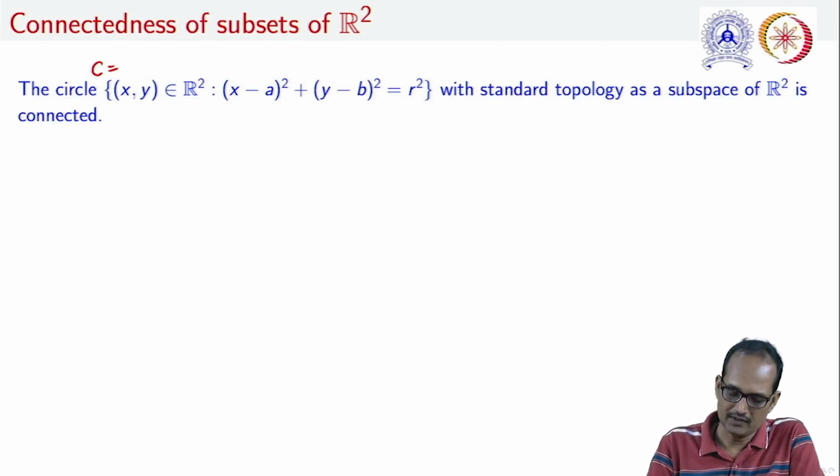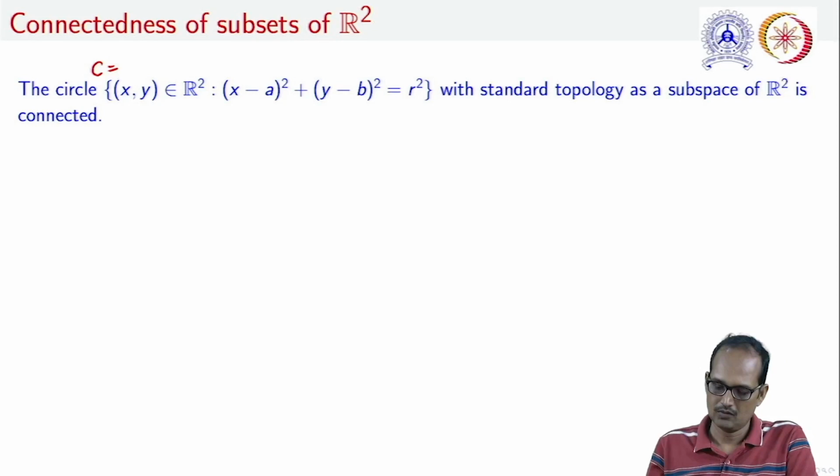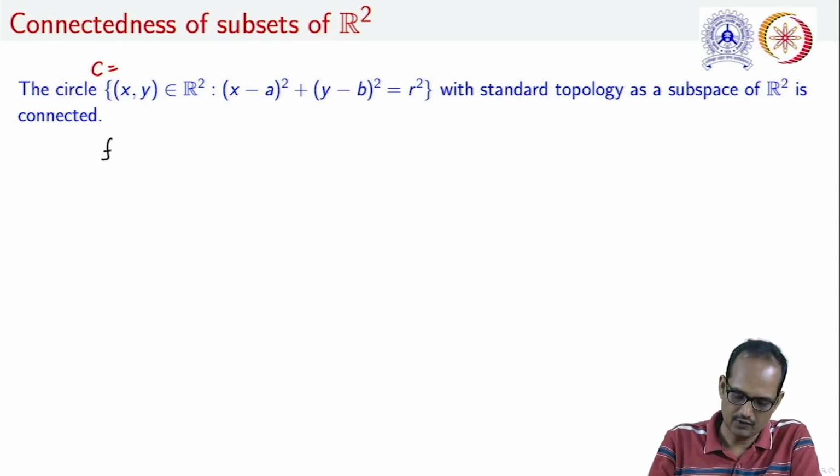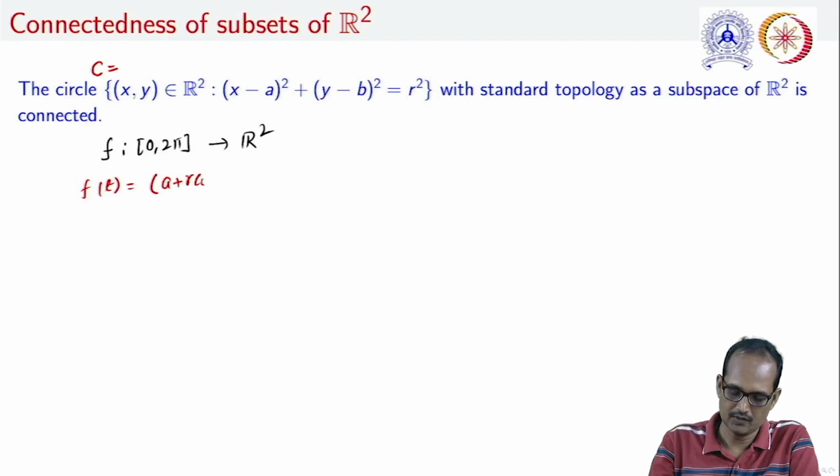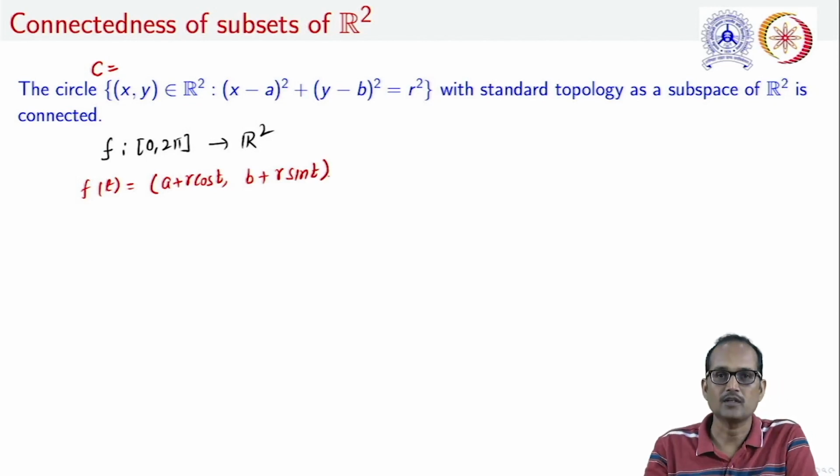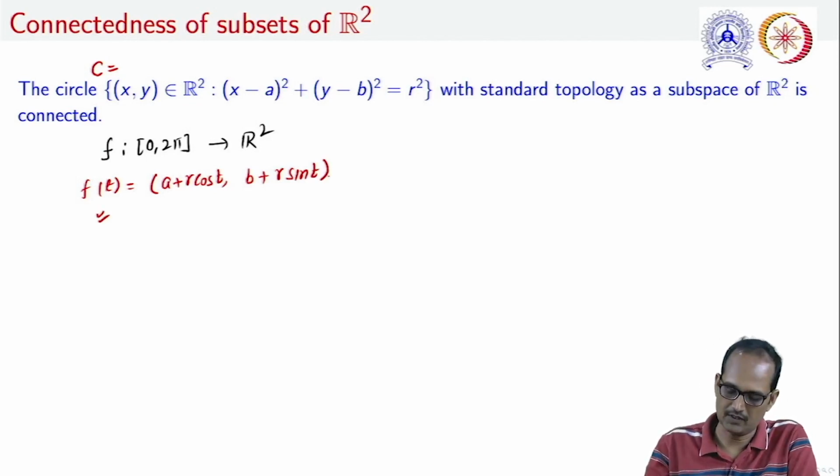So when we are trying to show that this circle is connected, let us define a function f from this closed interval 0 to 2 pi to R2 such that f of t is equal to a plus r cos t and b plus r sin t. Actually, this function can be defined as a combination of two functions.